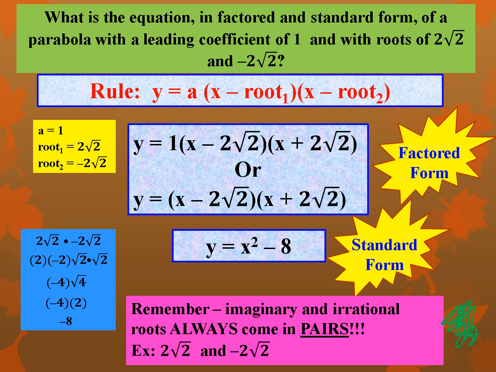So if I have a positive 2 square roots of 2, I have a negative 2 square roots of 2. And then imaginary, that's where the i's come into place. I don't want to get too much into that because we're going to talk about that later in the unit. But just know that irrational roots come in pairs and imaginary roots come in pairs. So again, we'll talk about this more as we go throughout the unit and as we get into Unit 5B after winter break. But like I said, just a little preview that they always come in pairs.